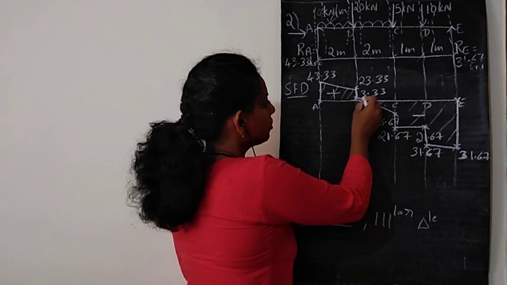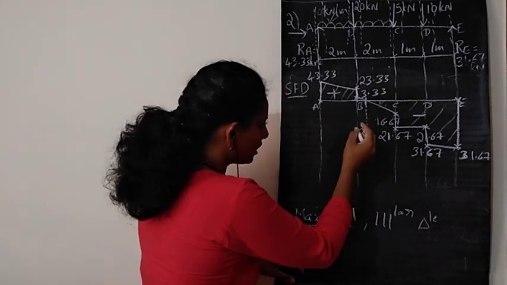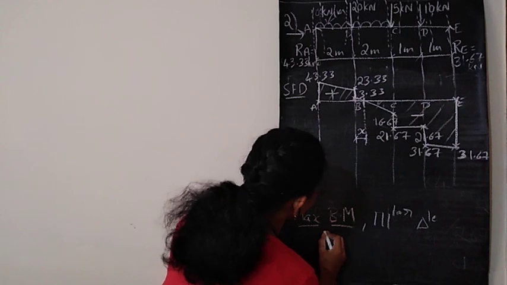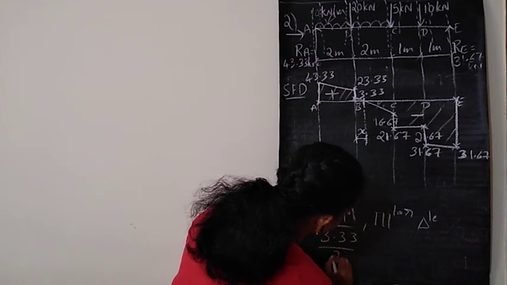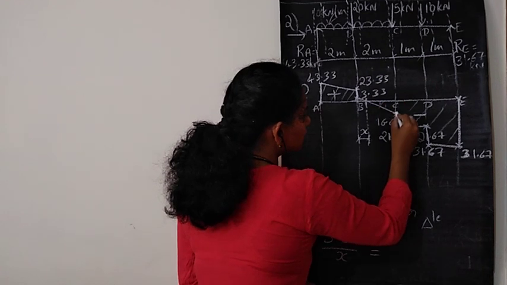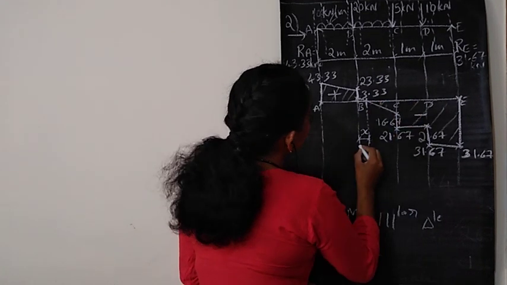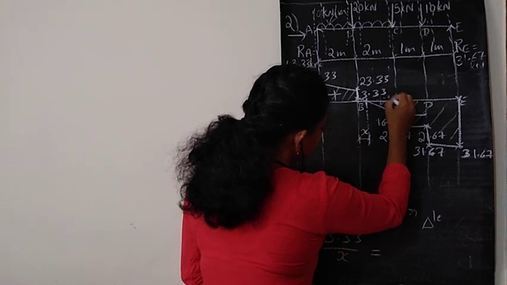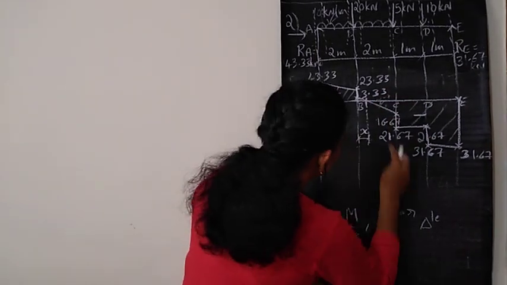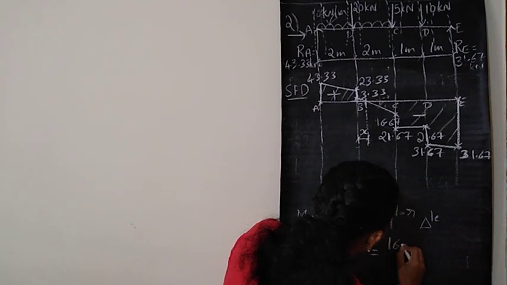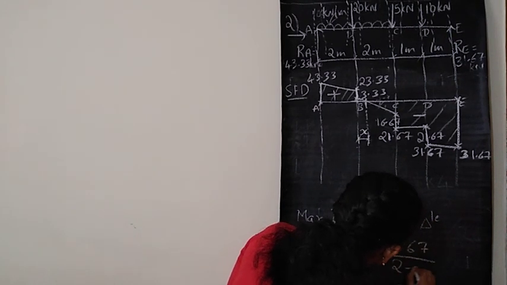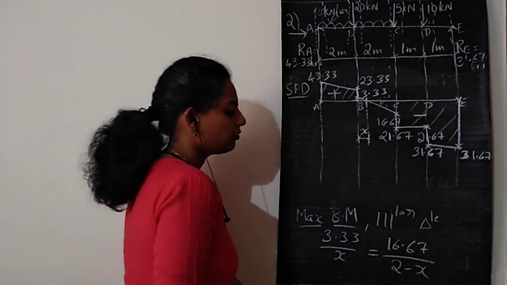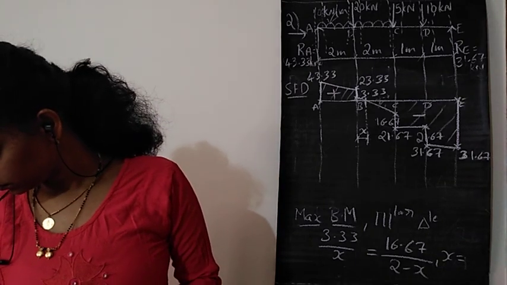So here which are the known distance? This you know, that is 3.33 divided by this distance is x, that is 3.33 by x, which is equal to, now this is your region. What is this distance? Total is 2, so it will be 2 minus x. What is this value? 16.67 divided by 2 minus x. Solve and get the value of x. X value will be 0.33 meter.